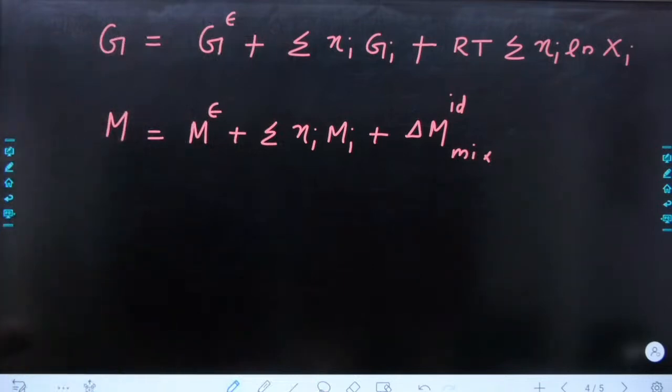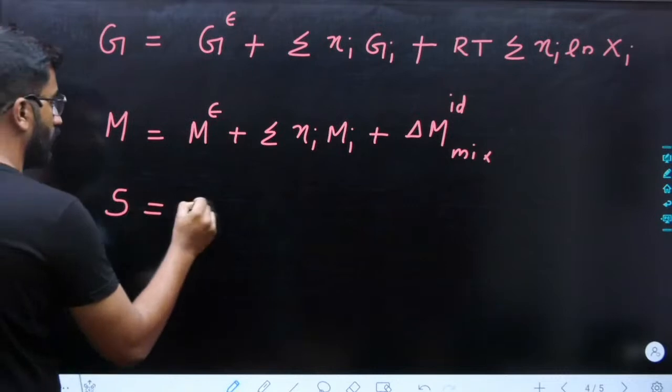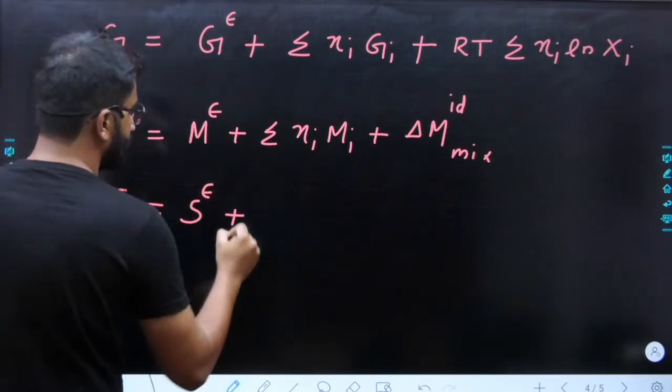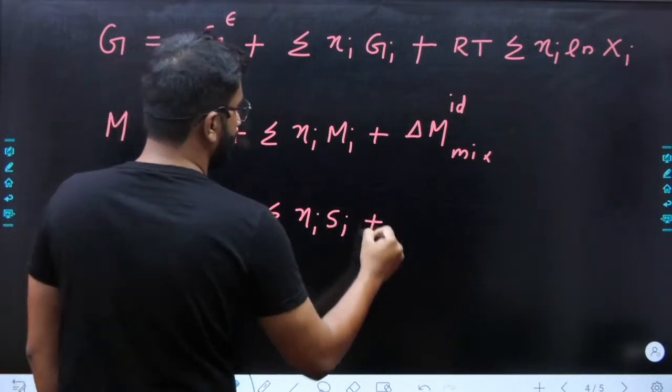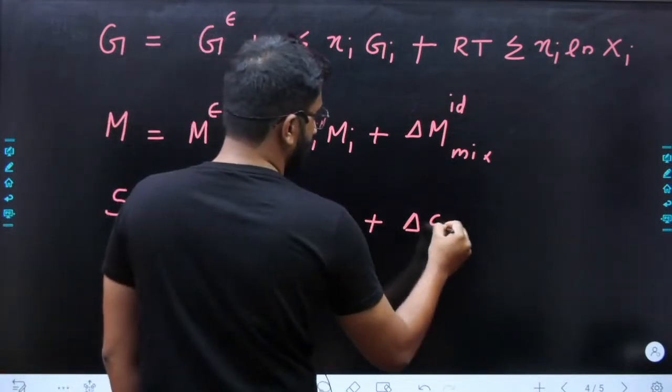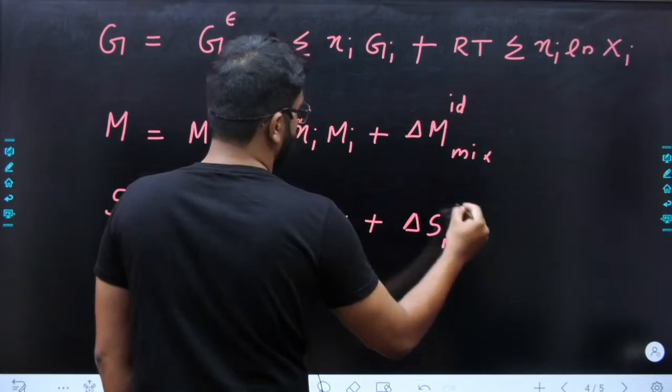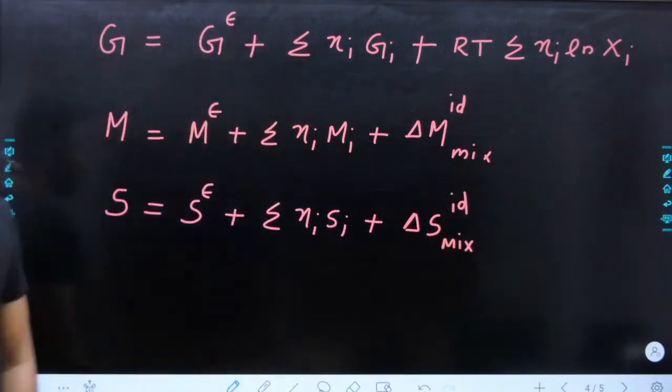So this is a general equation. So questions also come on this. So if they are asking entropy, your equation will be entropy xs plus sigma xi into si plus delta s mixing ideal. So finally equations are coming to this.